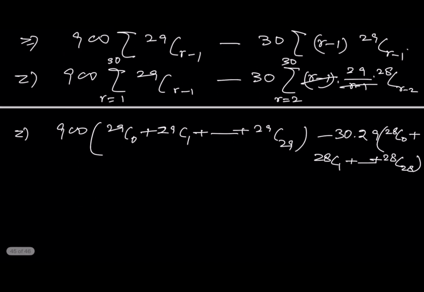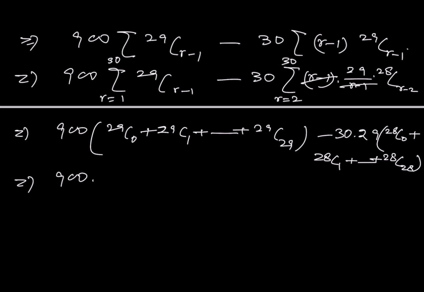So it is 900 into 2 to the power 29 minus 30 into 29 into 2 to the power 28, because nC0 plus nC1 plus nC2 and so on up to nCn gives you 2 to the power n.